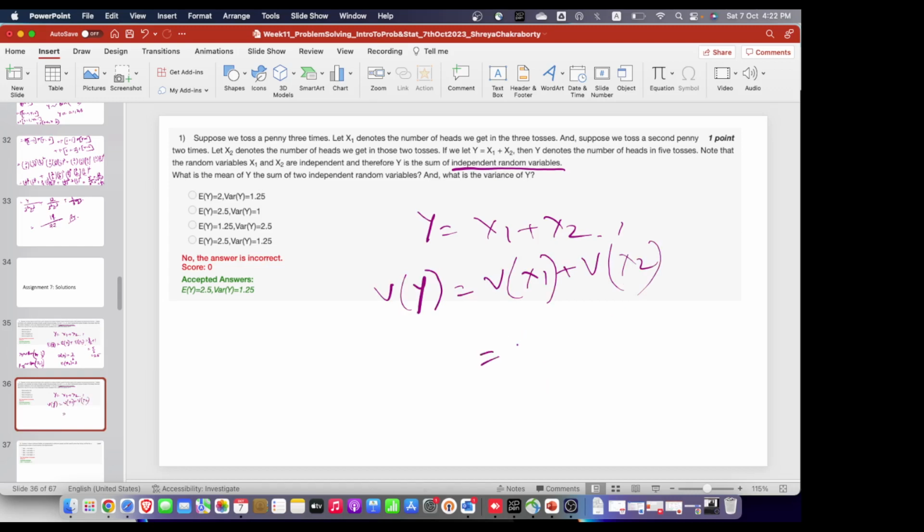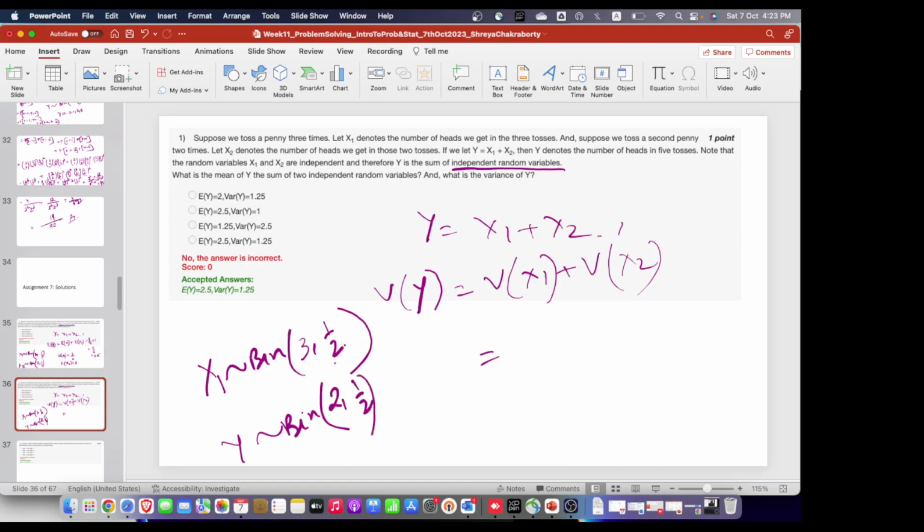So this will be, X1 follows binomial 3, half, and X2 follows binomial 2, half.